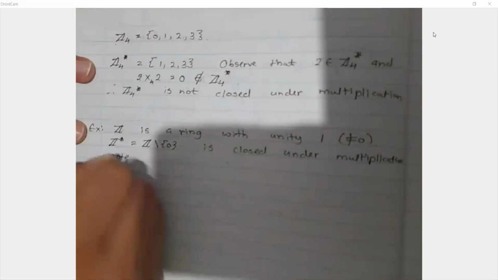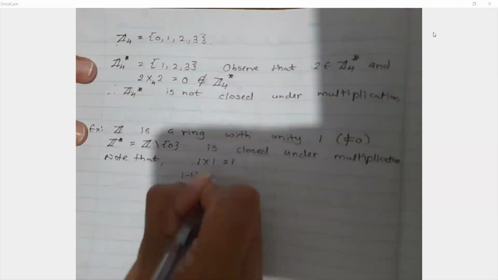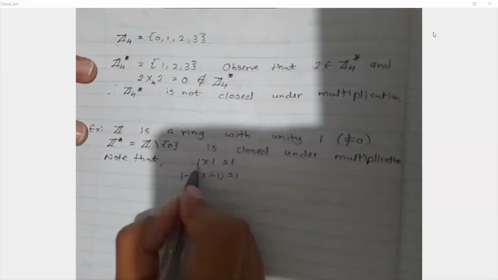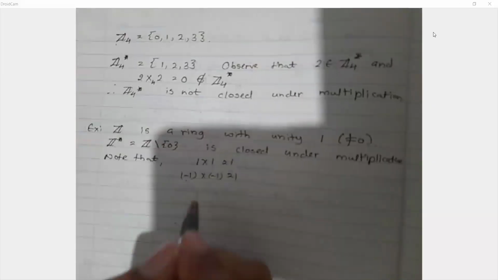We know multiplicative inverses exist for 1 and negative 1. Note that 1 times 1 is equal to 1. Negative 1 times negative 1 is equal to 1. So 1 has the multiplicative inverse, which is 1. Negative 1 has the multiplicative inverse, which is itself, that is negative 1.